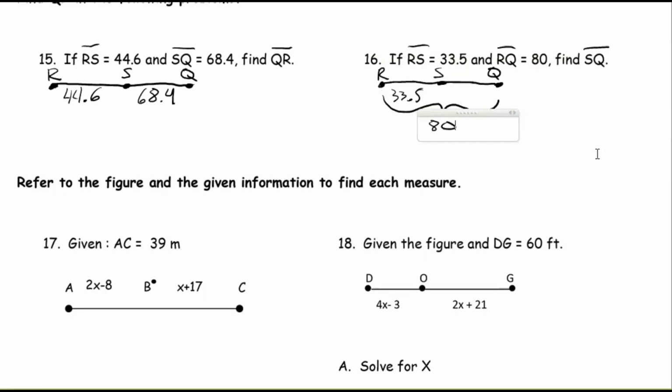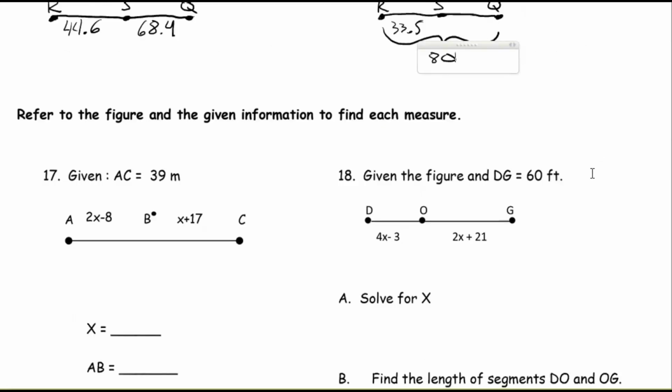So then 17, given AC equals 39, right? The whole thing. So set them up. If this point is supposed to be here, it's just out there. But this plus this equals 39. So this is going to be a big plus sign. Given the figure, DG equals 60, so the whole thing here is equal to 60.